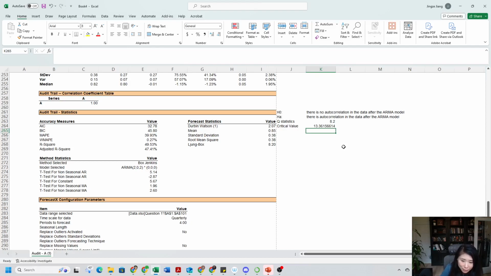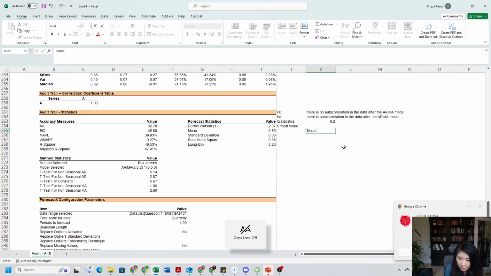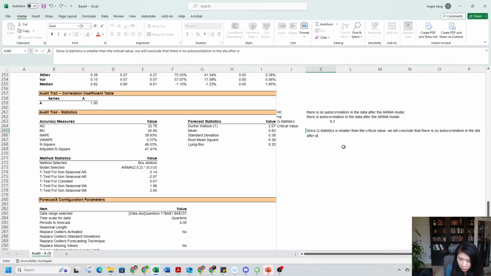So this is the critical value, and our Q statistic is smaller than the critical value. Therefore, since the Q statistic is smaller than the critical value, we conclude that there is no autocorrelation in the data after we applied the ARIMA 202 model.